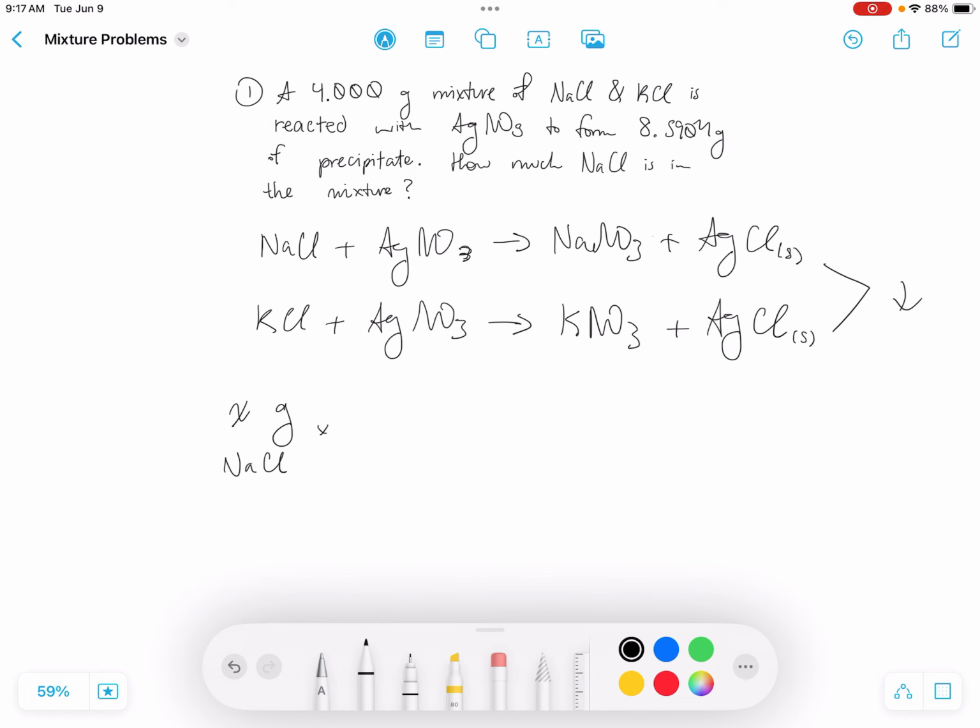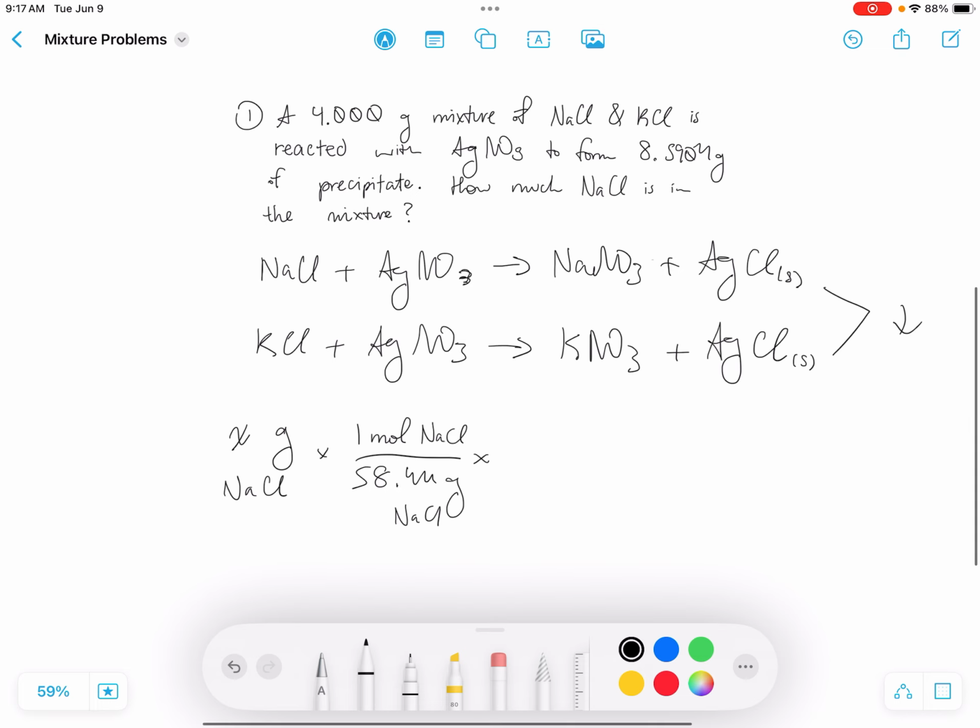And we can just do the same stoichiometry we did as before, right? We can do the molar mass, right? 58.44 grams of NaCl goes to 1 mole of NaCl. And 1 mole NaCl goes to 1 mole AgCl because of this balanced reaction above, right?